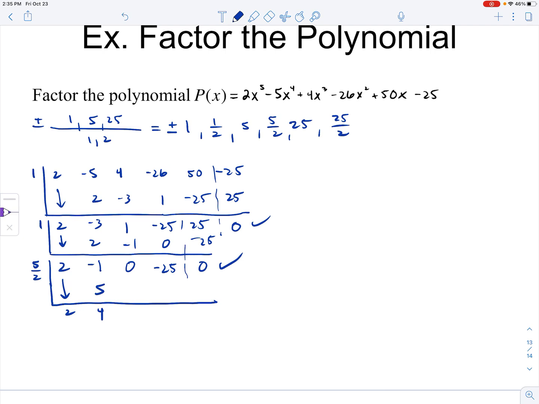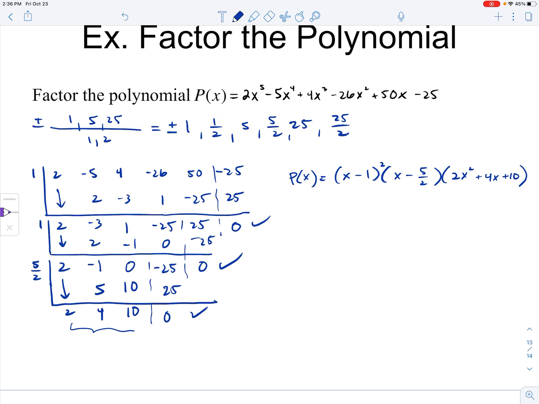It just happened. 4 times 5 is 20, divided by 2 is 10. Okay, and then 25. Okay, so 5/2 also works. So what we know right now is that P of x can be written as x minus 1 squared times x minus 5/2. So that's 3 factors. And then times, what this tells us is 2x squared plus 4x plus 10.